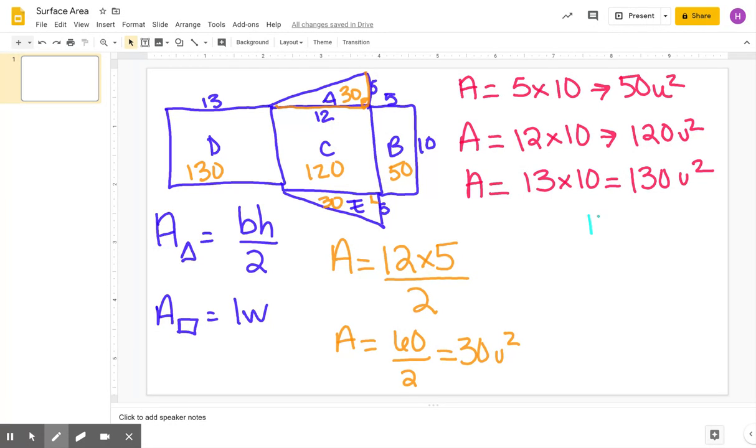So 130 plus 120 plus 50 plus 30 plus 30. Or you could have just done 30 times 2 to get your 60. And when you add all of those up, your total should be 360 units squared. And that is your surface area for your triangular prism.